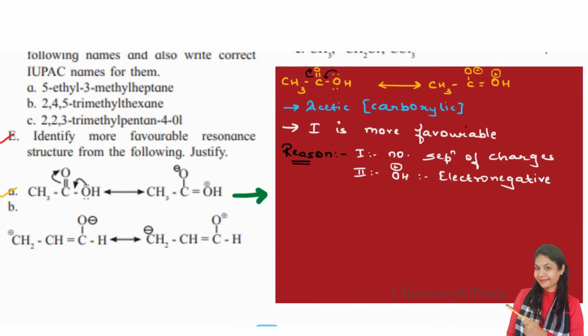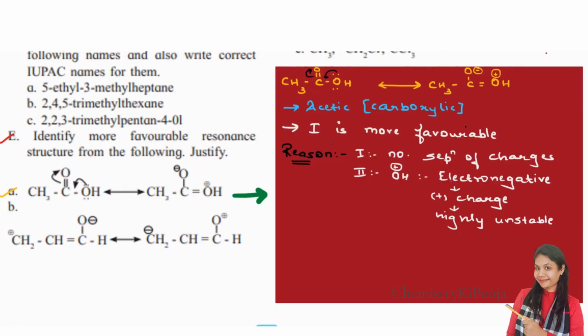But the electronegative element is containing a positive charge, and along with the positive charge, it is bonded to hydrogen as well. So since this oxygen, which is highly electronegative, is having a plus charge, it becomes highly unstable.